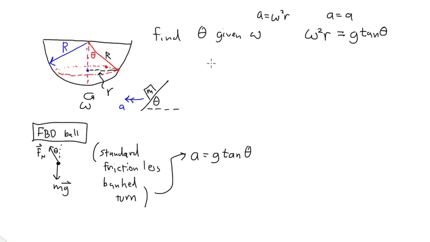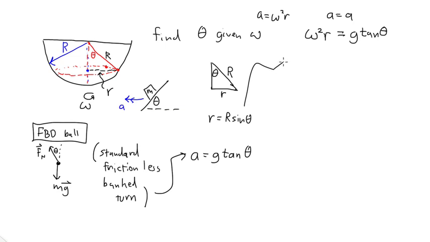If we draw that triangle out, this is capital R, the radius of the spherical bowl, this is lowercase r, the radius of the circle, and this is theta, which means little r is going to be big R times sine theta.